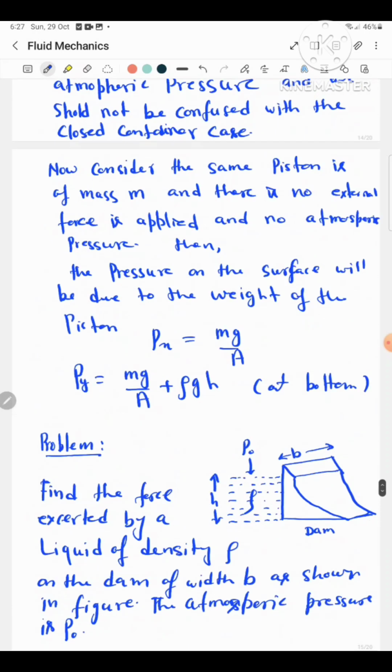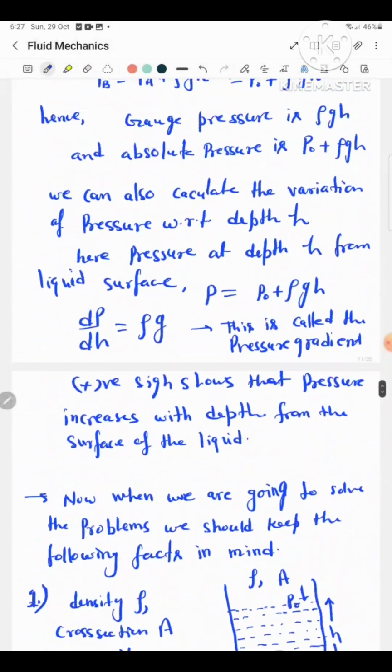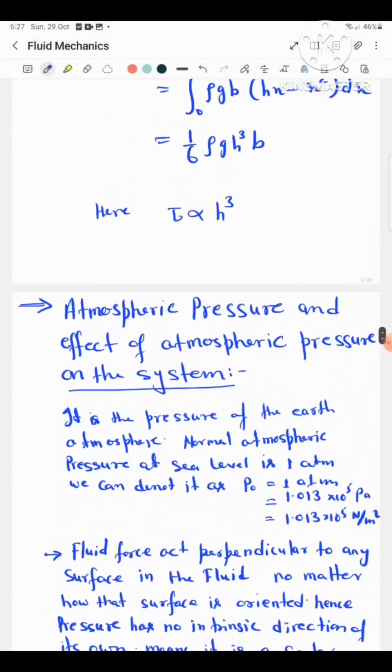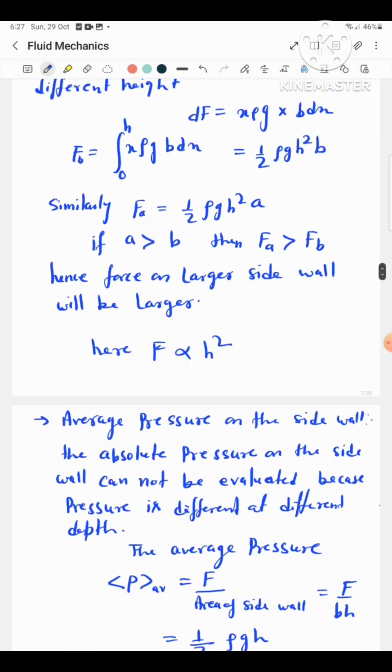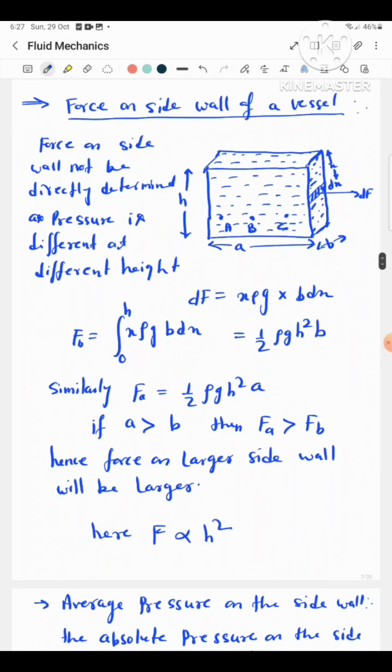As the same we have calculated here, this half rho g h square B. Here we have not taken the atmospheric pressure into account because the container is closed. So the force due to atmospheric pressure is 0 there.